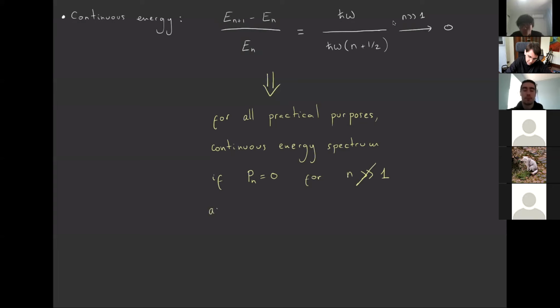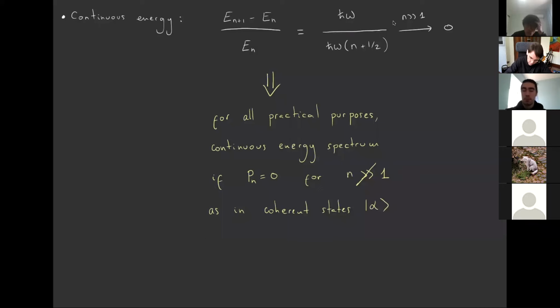And this is precisely what happens with coherent states. This is, so P_n equals 0 for n not much larger than 1, as in coherent states, of course with alpha much larger than 1. Let me better write it in this way.